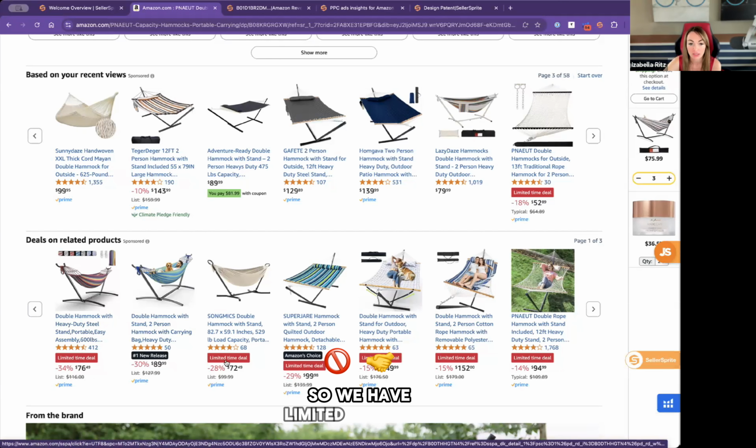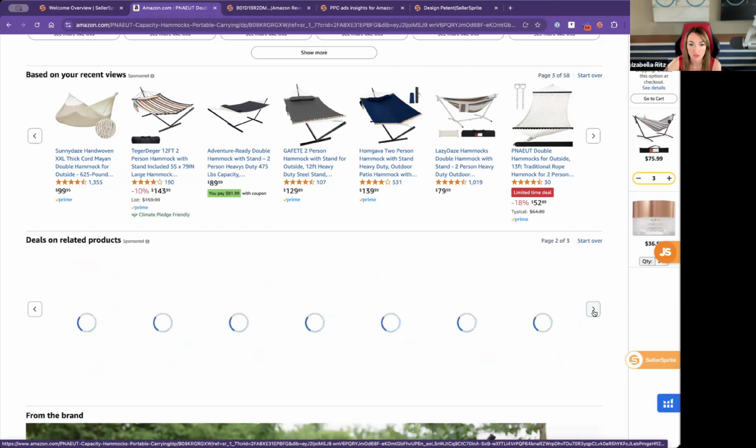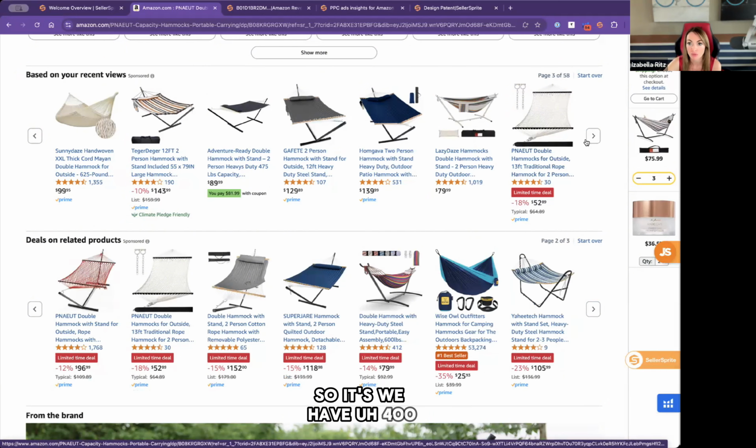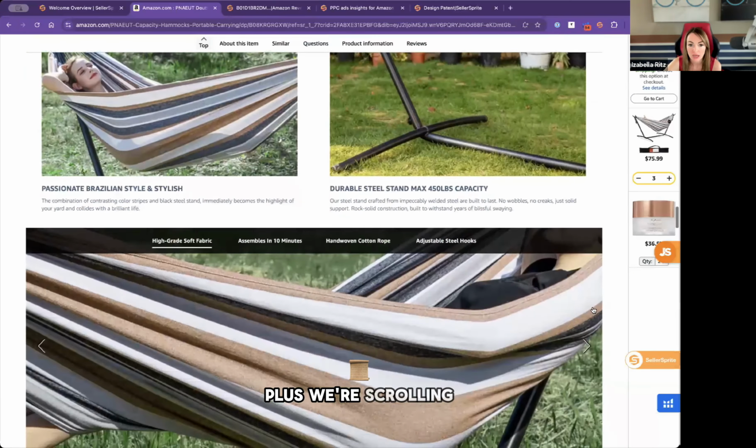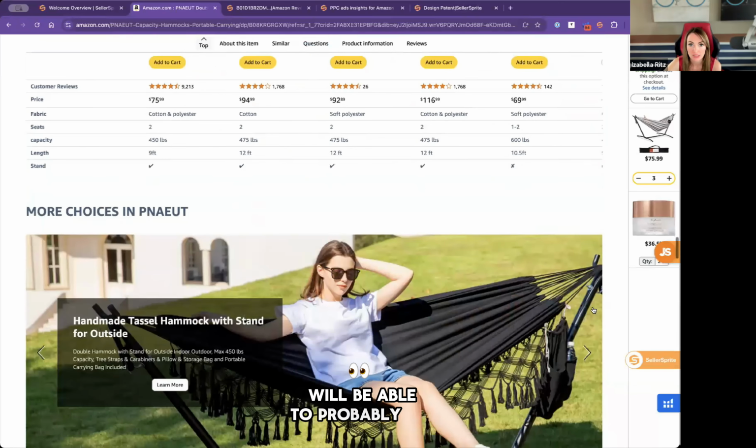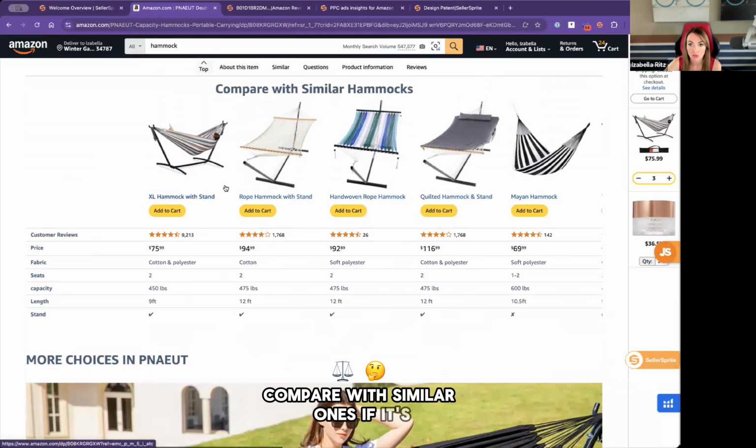So we have limited time deals for 3 pages, 7 by 3 is 21 products. So we have 400 or 500 plus 21. Plus, as we scroll down, we will probably be able to see compare with similar ones, if it's not from the brand.